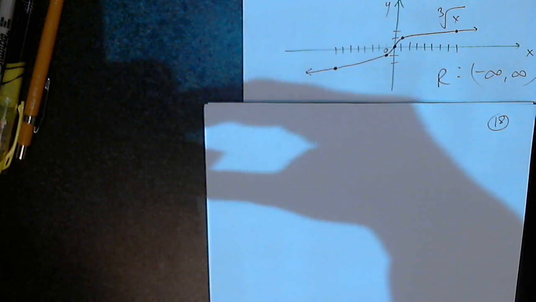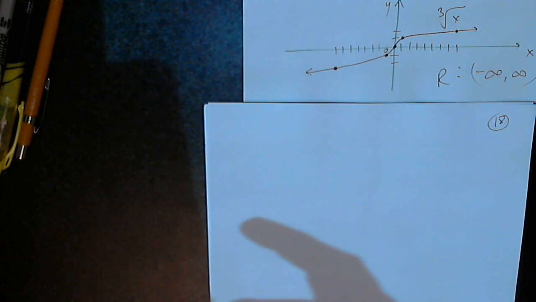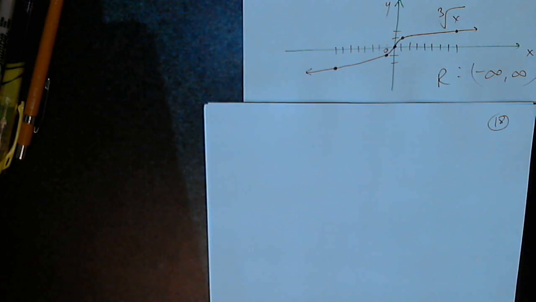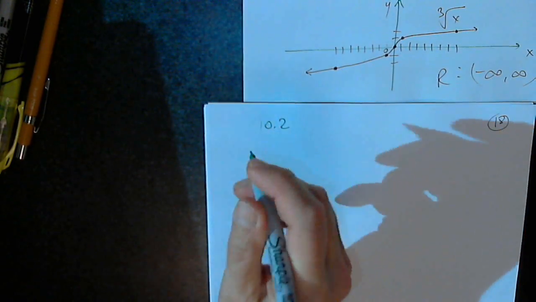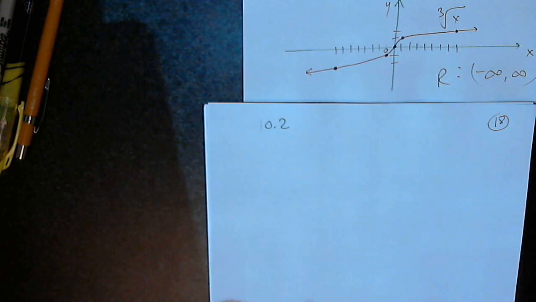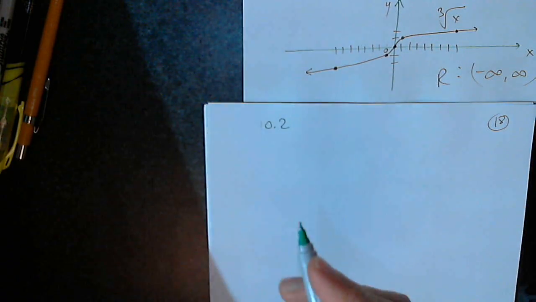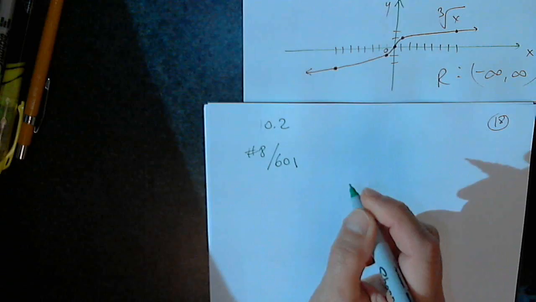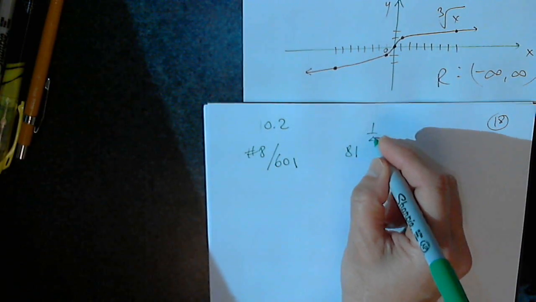Okay, so now I would like to look at page 601. So this is 10.2. Okay, use radical notation to write each expression. So I'm going to start with number 8 on page 601. 81 to 1/4.